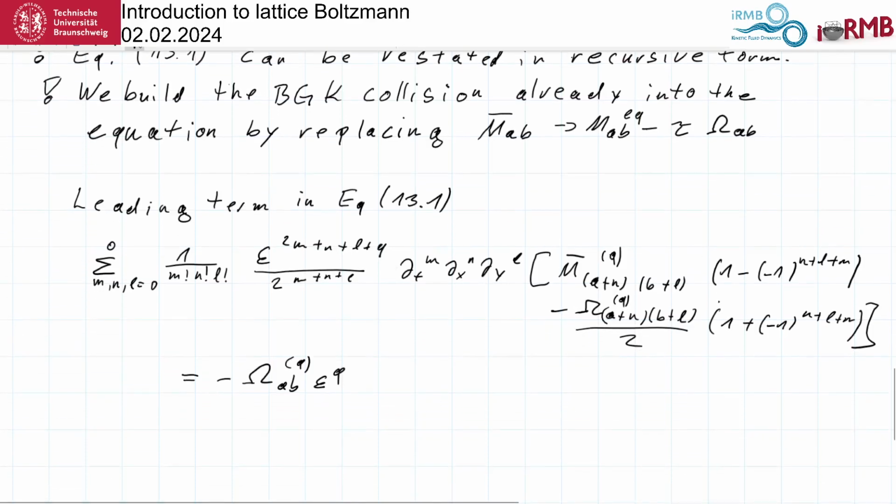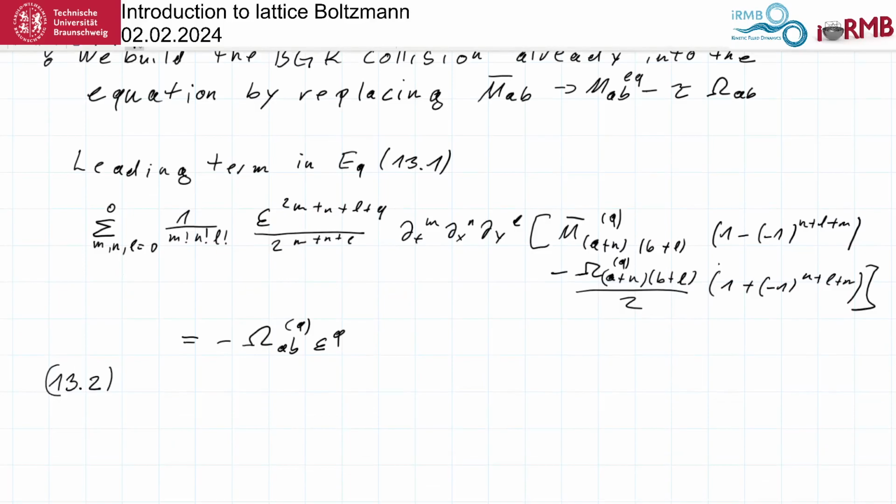And now we rewrite this equation 13.1 in recursive ways, because the entire equation is supposed to go to 0. We say that omega AB at the order k is omega AB at the order k.